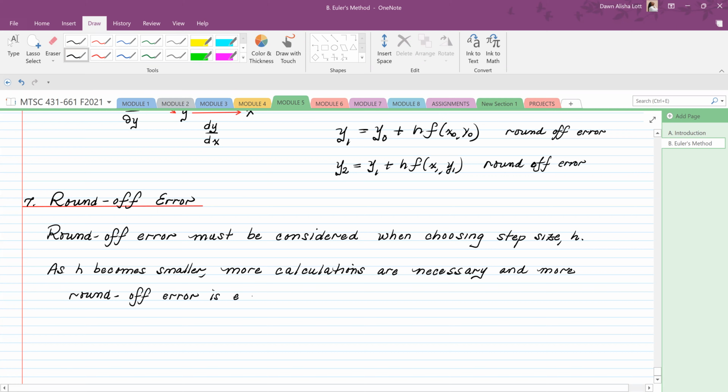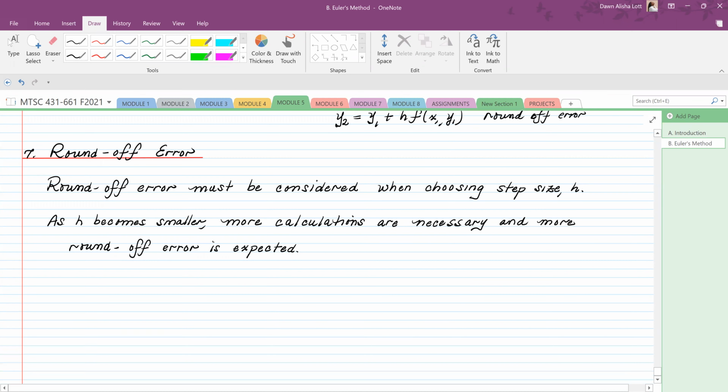So if I make h very, very small, I might be getting a better approximation for that next iterate based on h being small, since I'm going out the tangent line in order to get the next value. But if it's too small, then I'm doing more h's. Remember, h is equal to b minus a over n, or xn minus x naught over n. So as n gets bigger, h gets smaller, and I get more round off error.